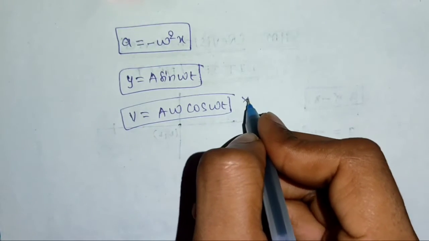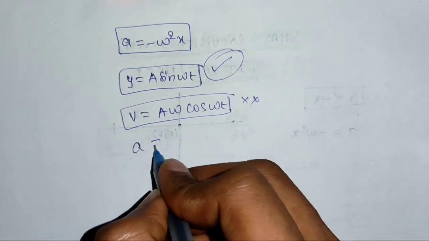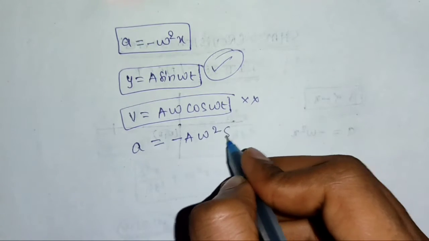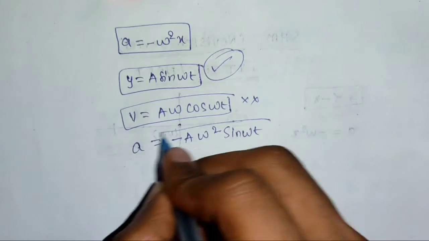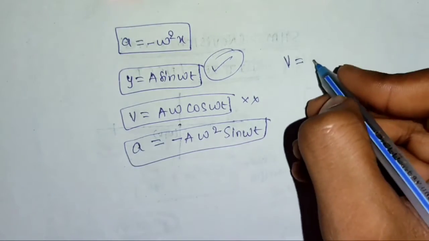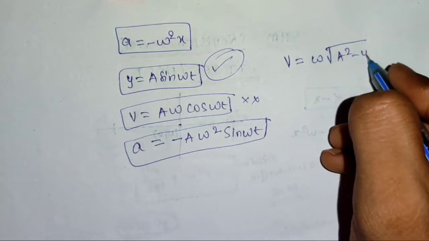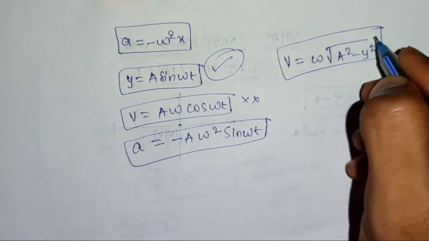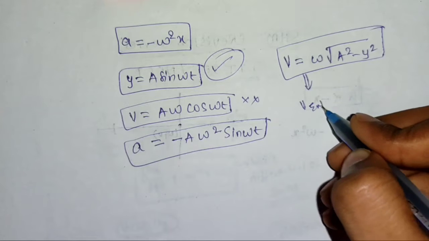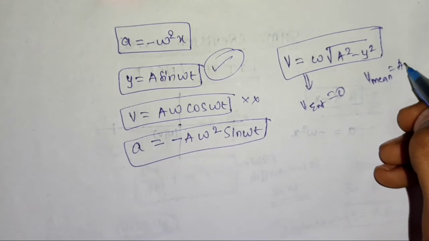This is not that important, but this is important: acceleration is equal to Aω² sin ωt, and velocity is equal to ω√(A² − y²). From here we got velocity at the extreme position equal to 0, and velocity at the mean position equal to Aω.